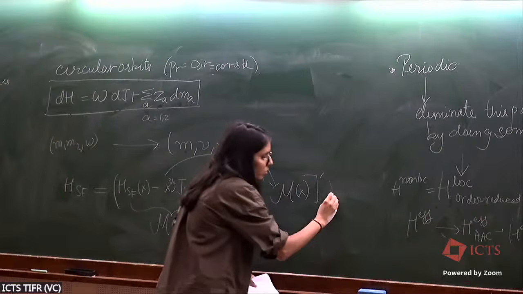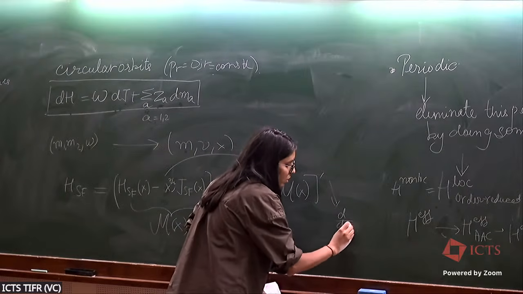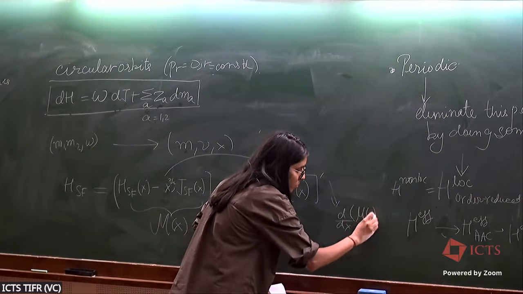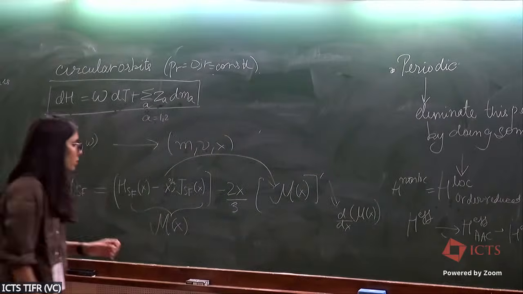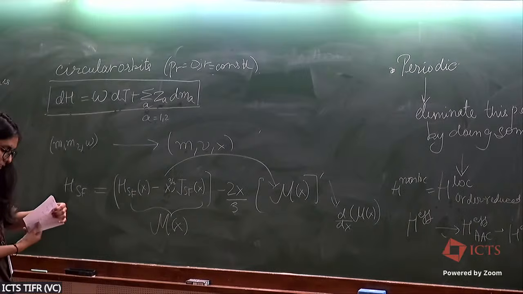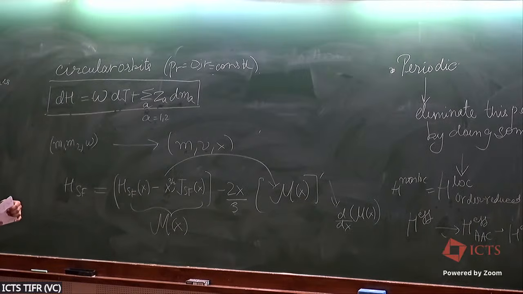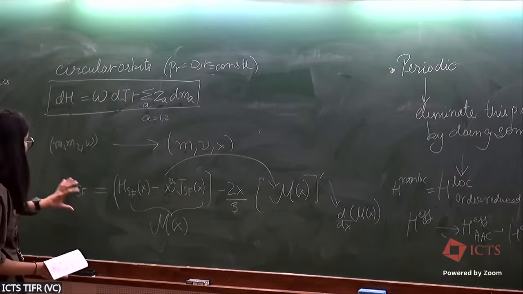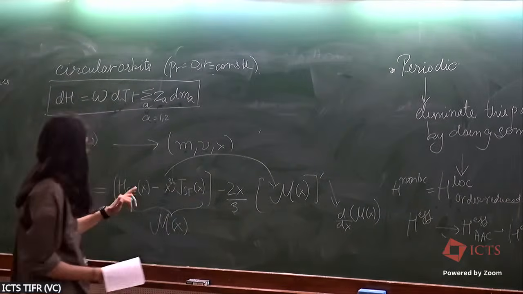And here prime denotes a derivative with respect to x. So that's what we obtain. Actually, I think I made a mistake. I think it's correct. So this is how we obtain the self force computation.